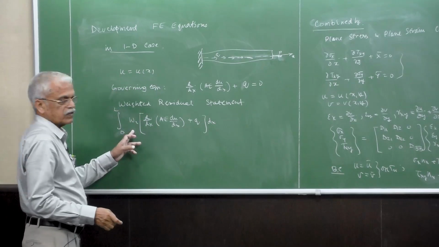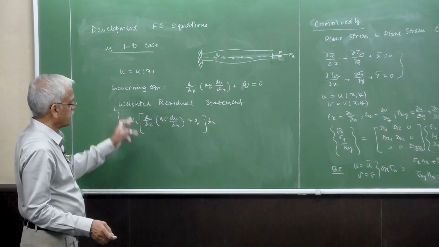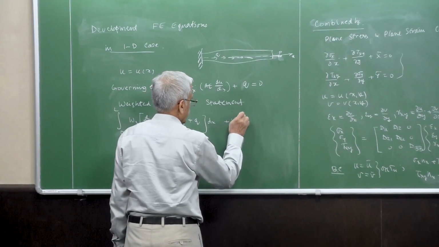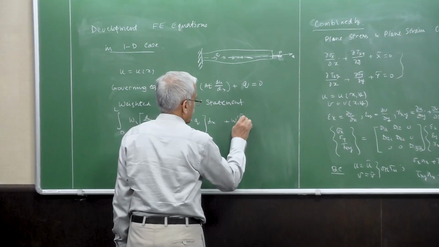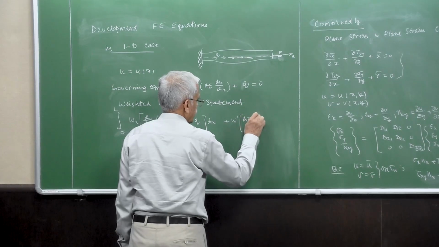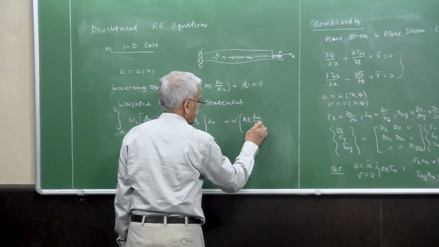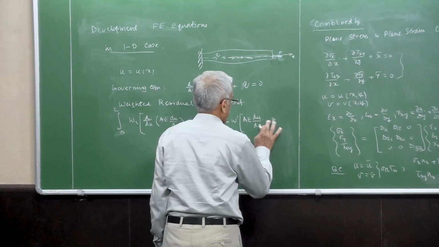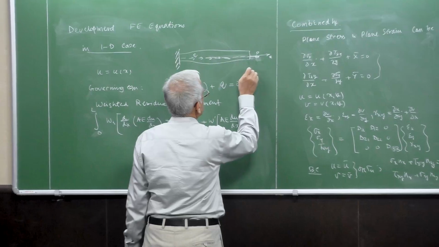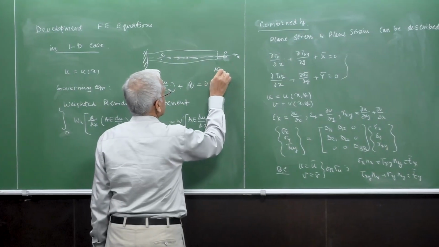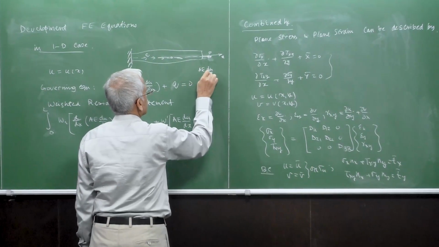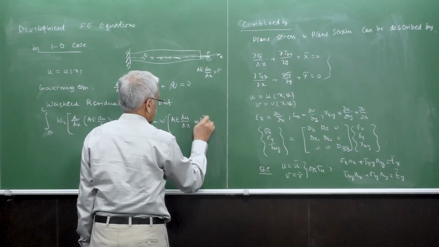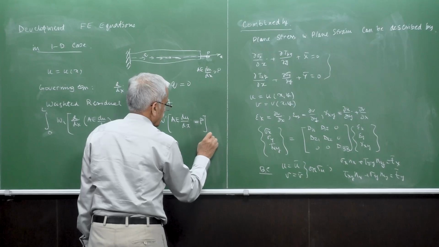This is the residual in the governing equation from 0 to L. To this we also add the boundary condition. AE du by dx plus P, sorry, here the boundary condition is AE du by dx equals P, as we have seen. I'll put minus P here.